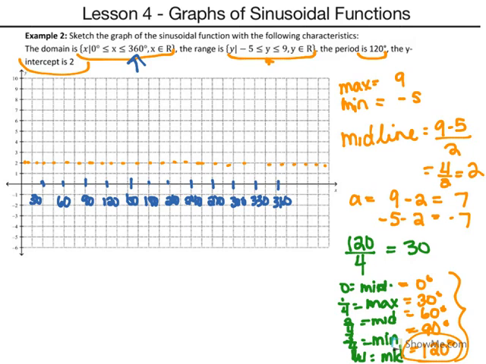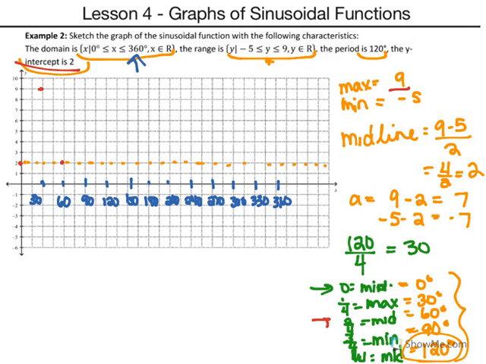So to graph this now, our 0 degrees is going to start on our midline, which is 2, which is our y-intercept, which fits. Then at 30 degrees, it's going to go to our maximum. Our maximum is 9. So at 30 degrees, it'll go to 9. At 60 degrees, it'll go back to our midline.